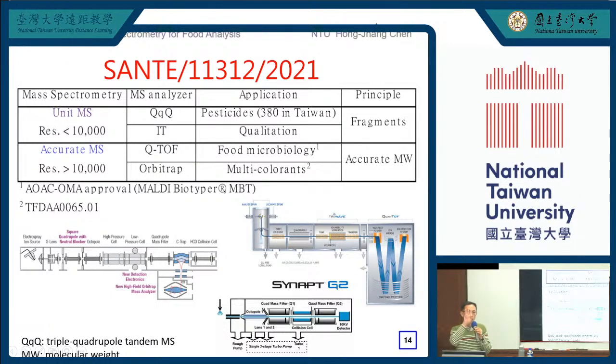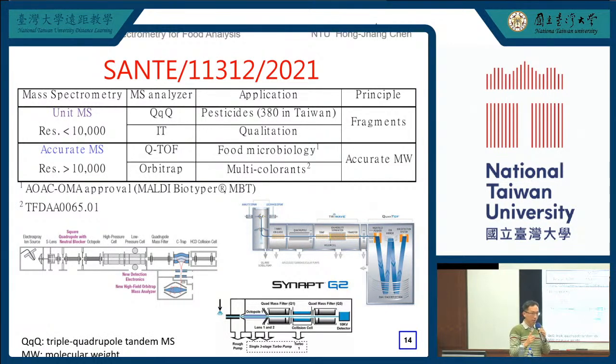So they use three quadrupoles for the mass analyzer. This one is called QQQ, triple quadrupole tandem MS. So for the MS/MS technique, they use different types of mass analyzers in one mass machine.